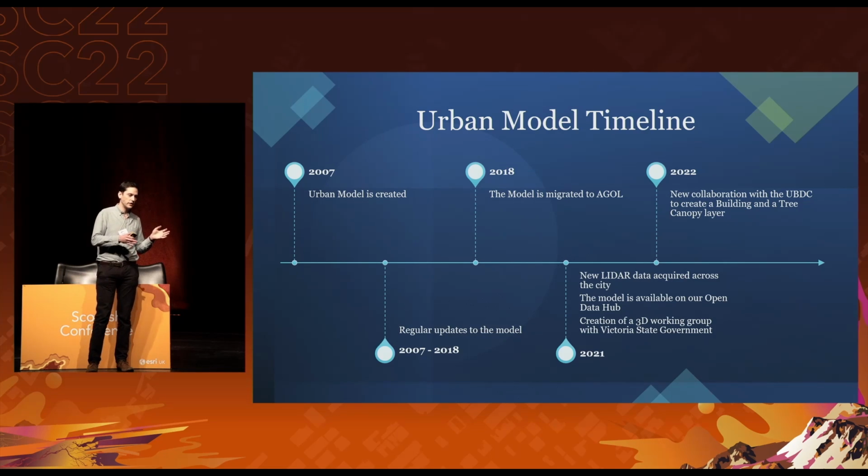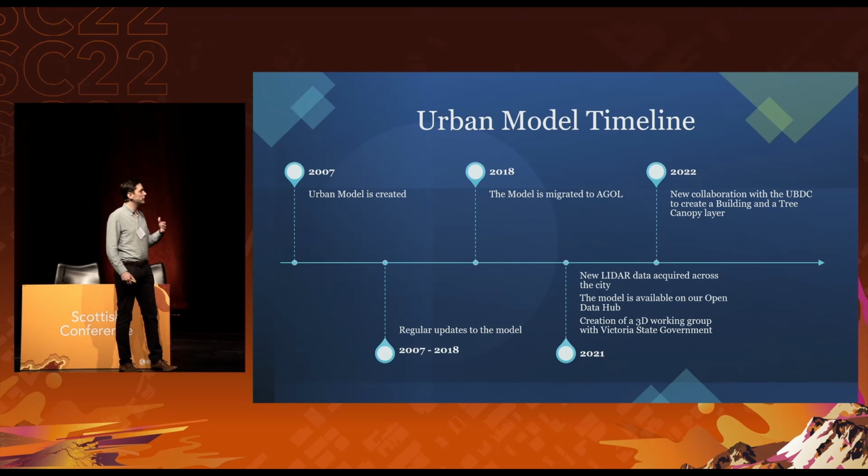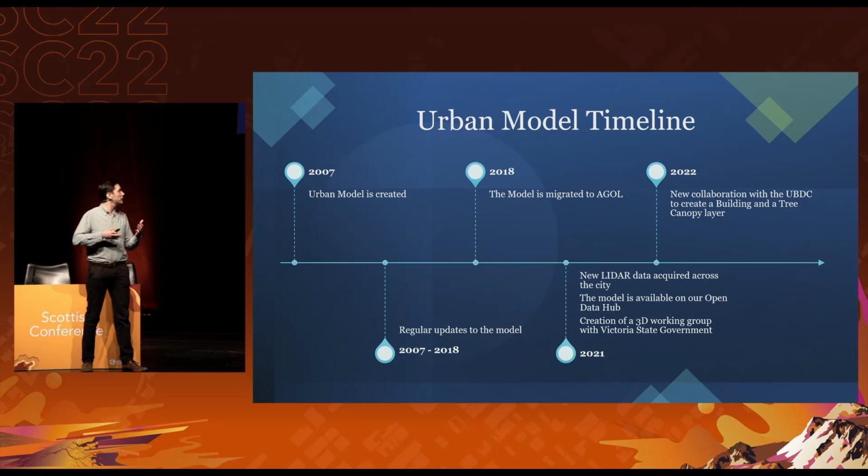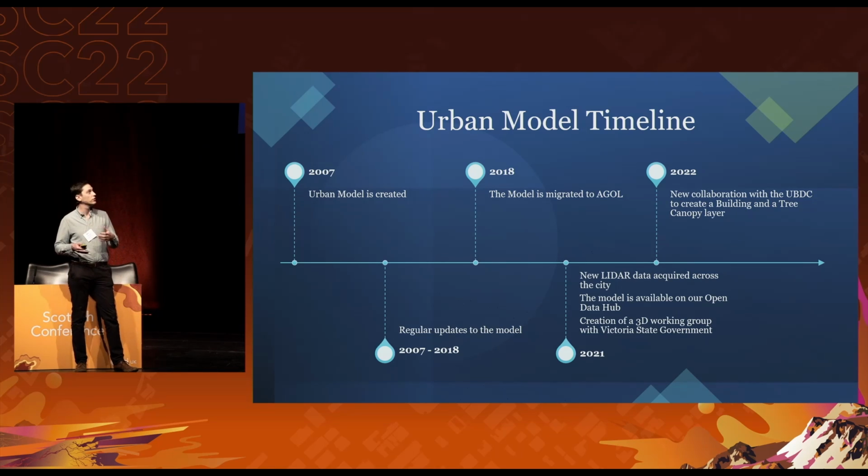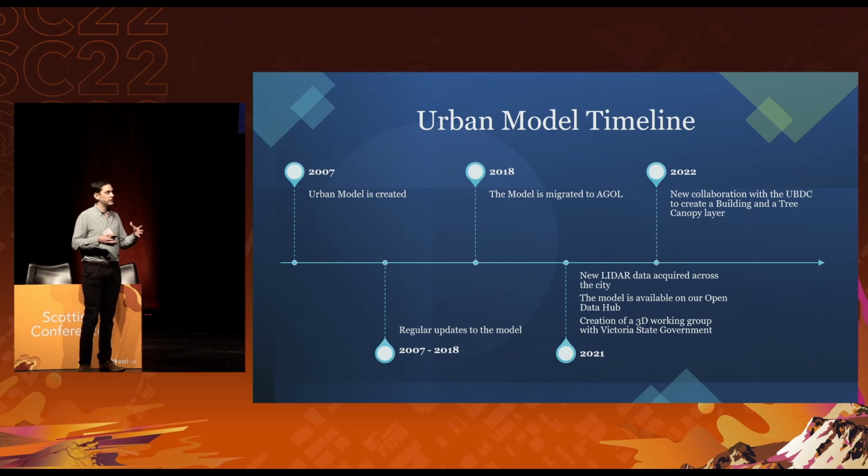It's an organization that's really at the forefront of what can be done in 3D with Esri products. And this year, we started a new collaboration with the Urban Big Data Center at Glasgow University in order to create a building and a tree canopy layer from LiDAR data, which is something that our services have been clamoring for.